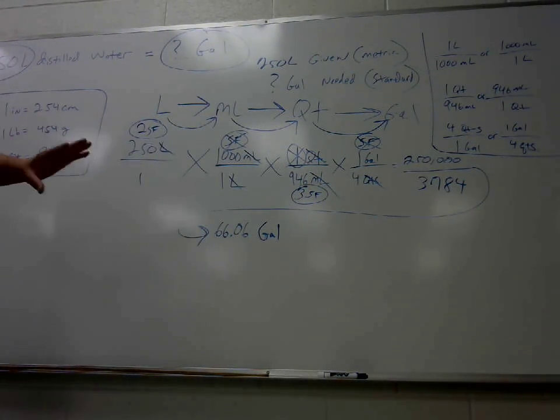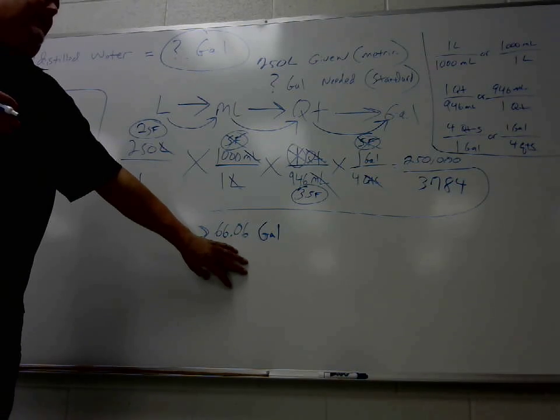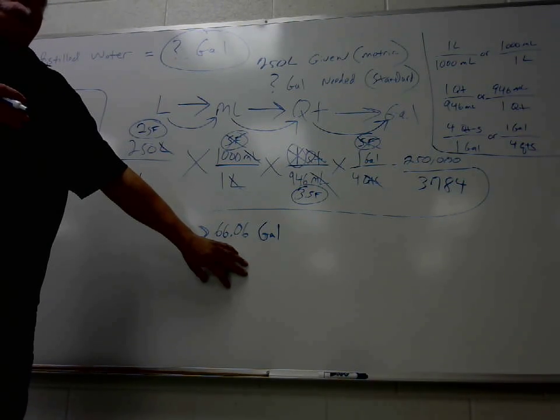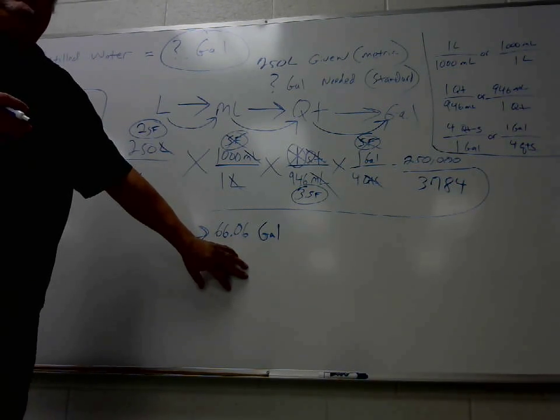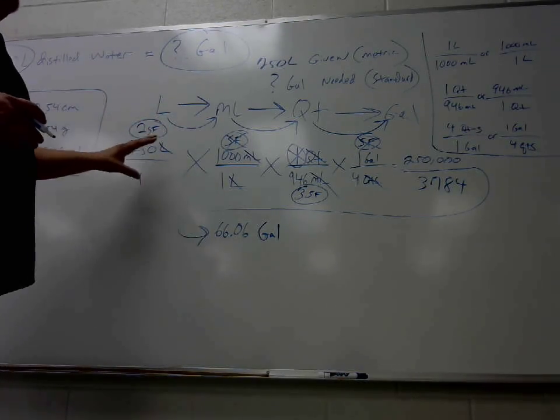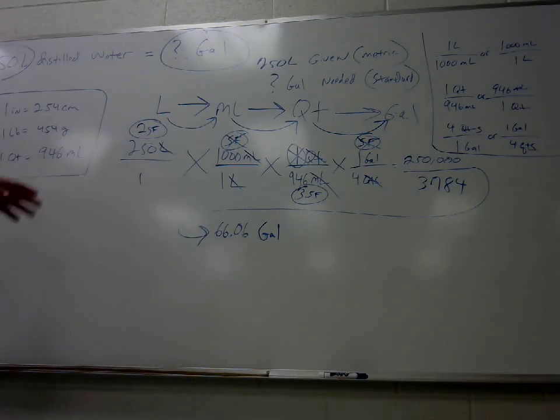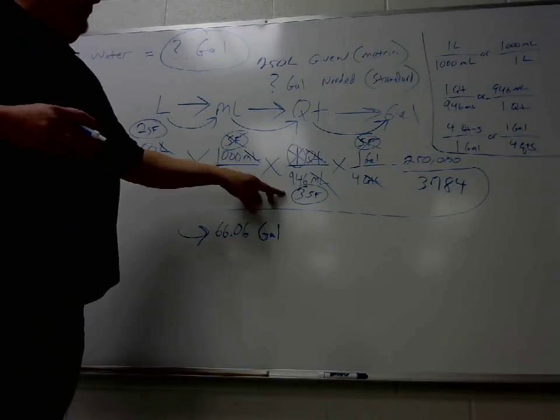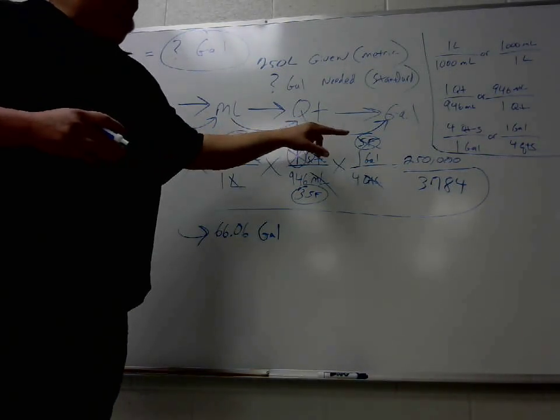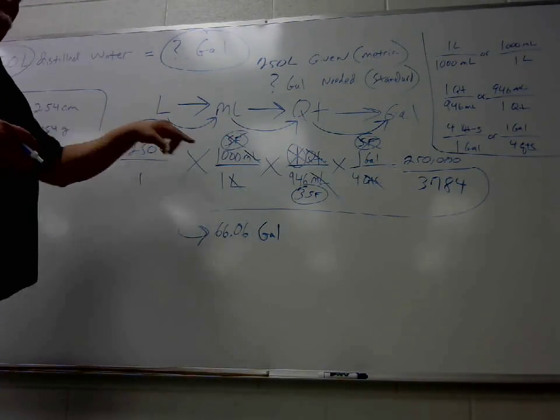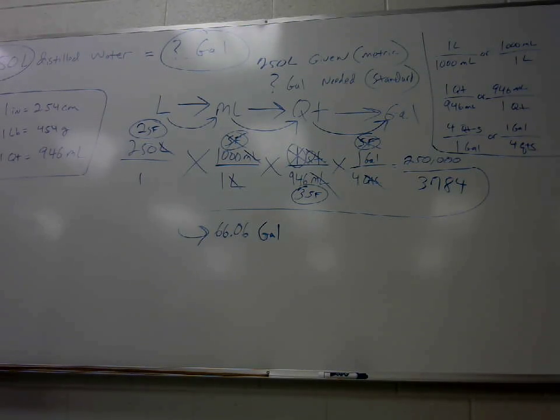So we need to present our answer in the least number of significant figures predicated by the information within the problem. We've got 2 here, we've got 3 here, this doesn't count, and this doesn't count. So what's the least between 3 and 2? 2, right?